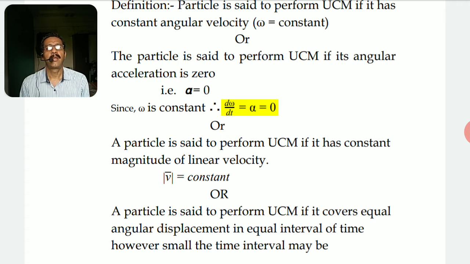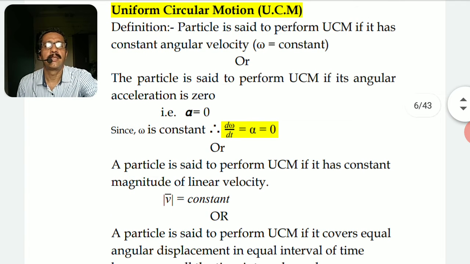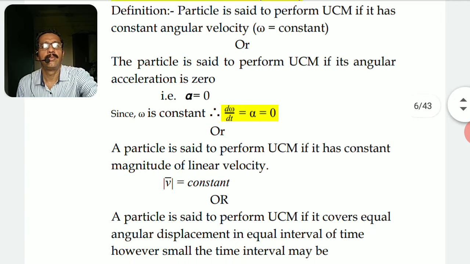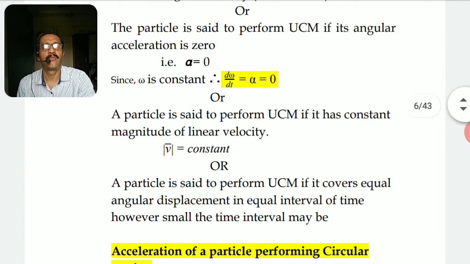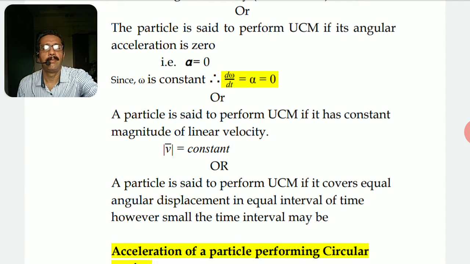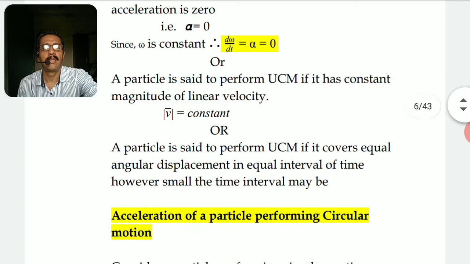And whenever the particle has the same constant angular velocity, of course its angular acceleration has to be zero. So there are different ways in which you can define uniform circular motion. Whenever we talk about uniform circular motion, the particle has to perform equal angular displacement in equal intervals of time, however small the time interval you consider.